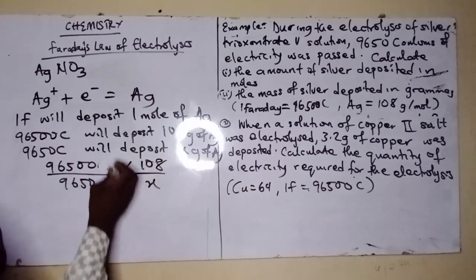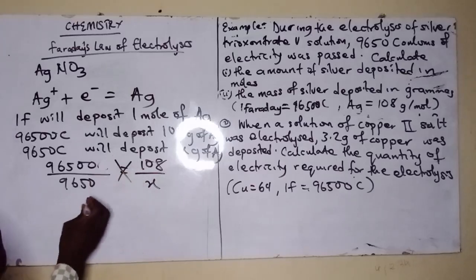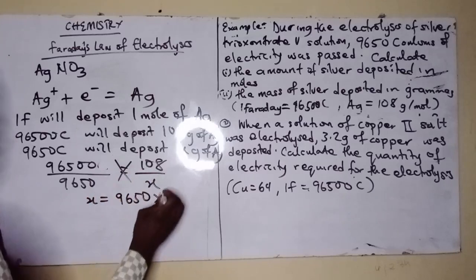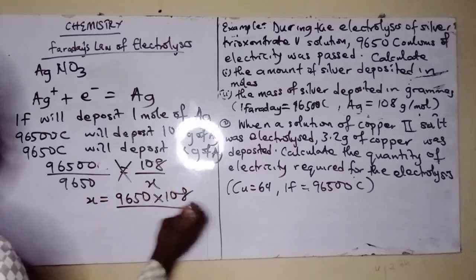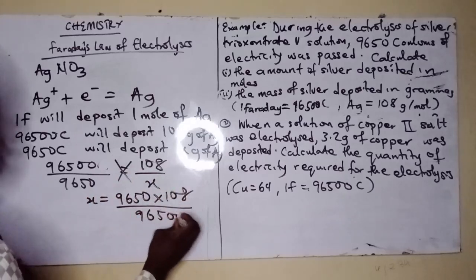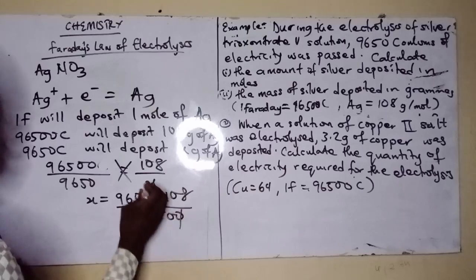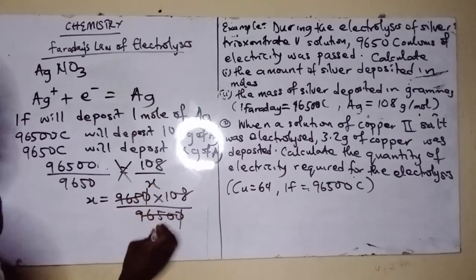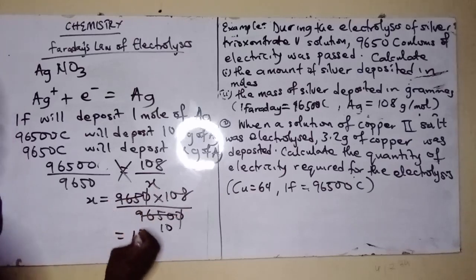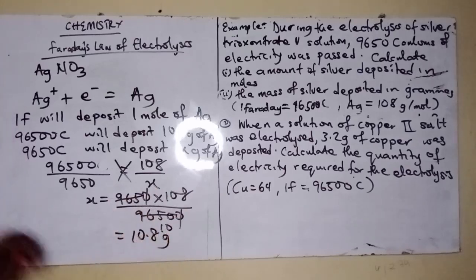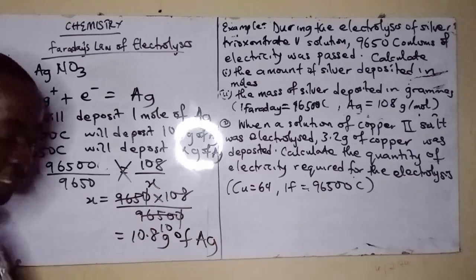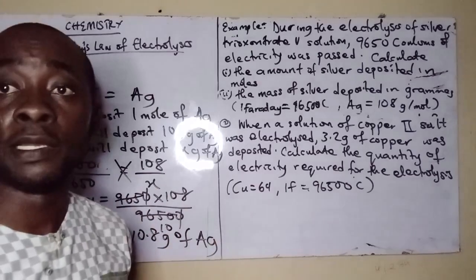If we cross multiply this, we are going to have x equal to 9,650 times 108 all over 96,500. If you cancel this, it will be 10.8. So the amount in grams is the mass of silver that is being deposited.